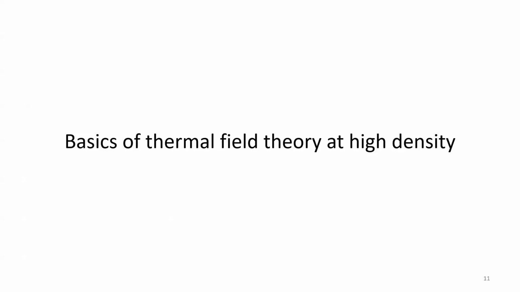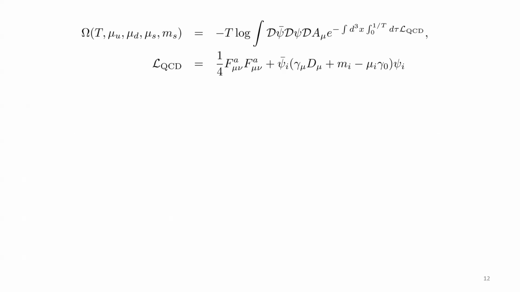But let me now get back to where we left off yesterday and say a few words about how we in practice do these high order perturbative calculations that constitute the high density limit for the EOS.